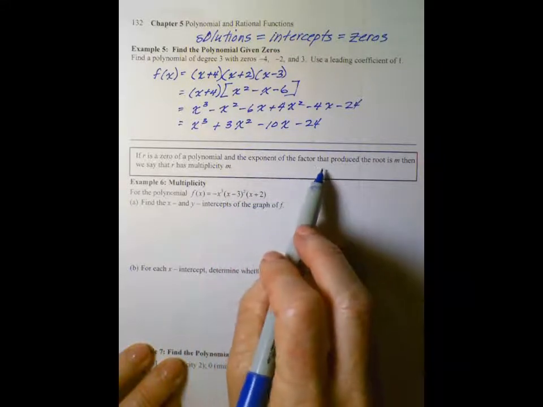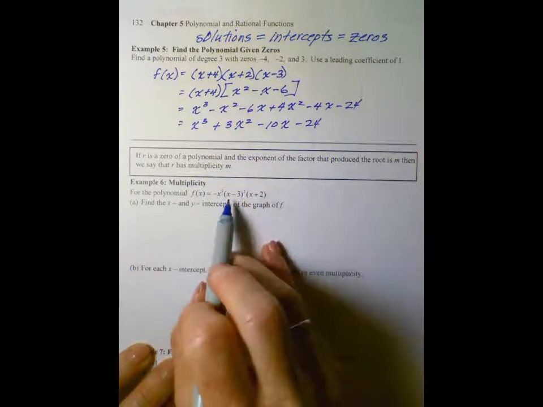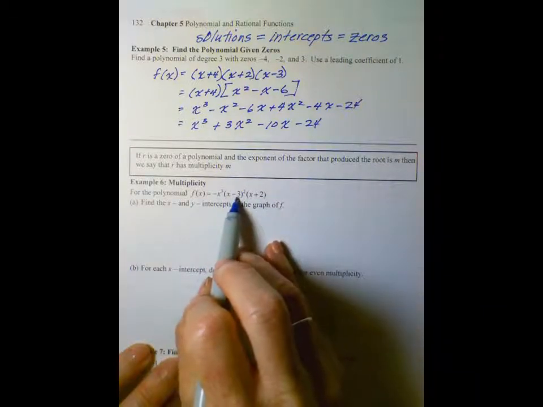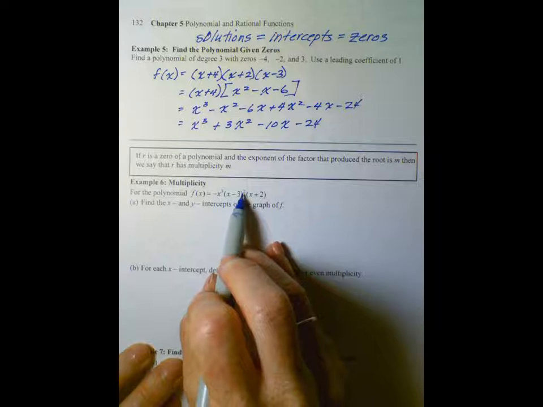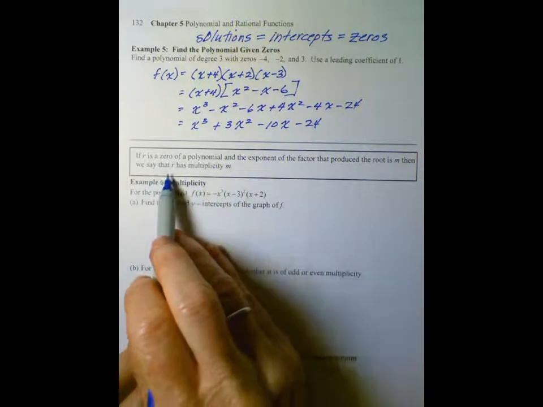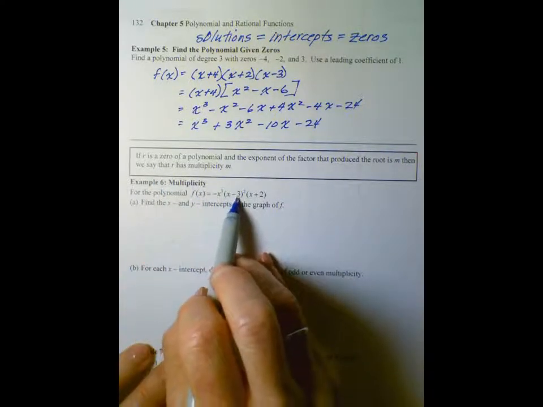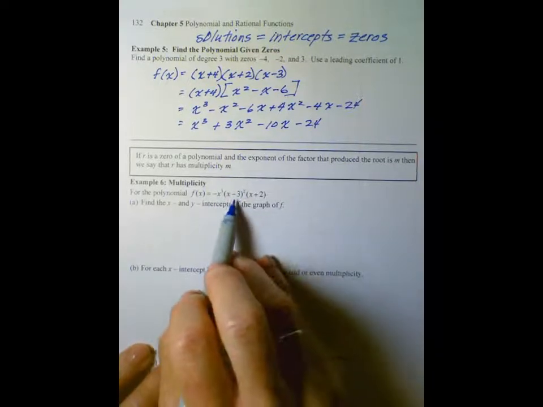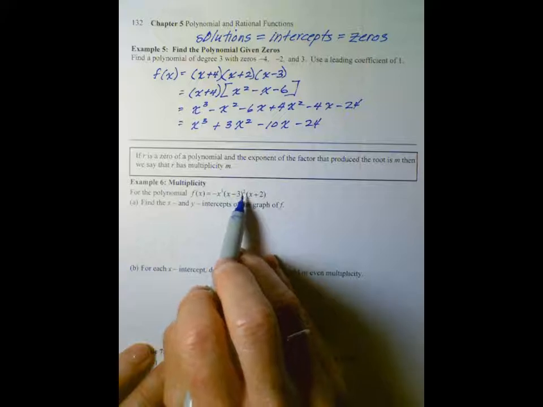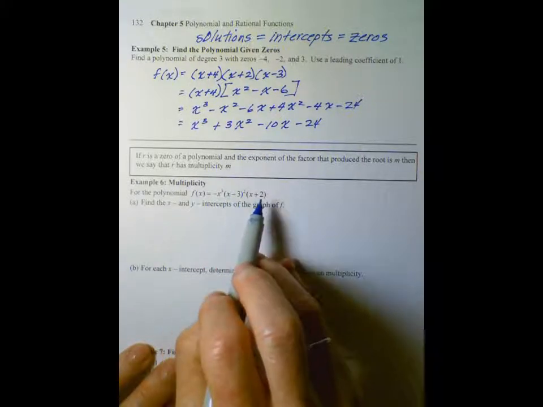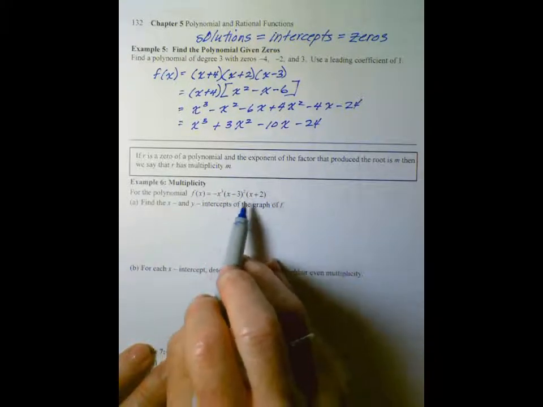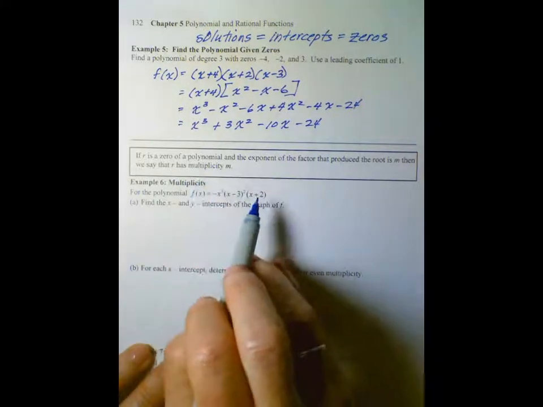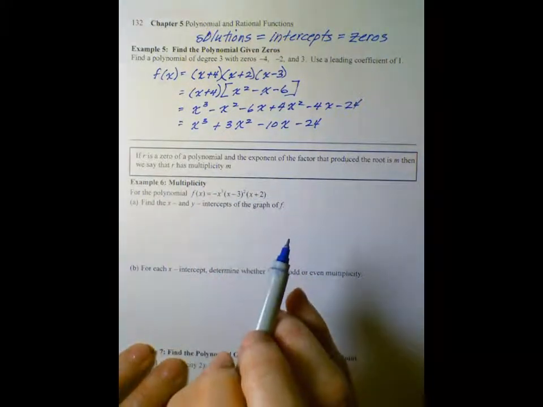And the exponent of the factor that produced the root of 3 is 2, then we say that r of 3 has a multiplicity of 2. It occurs twice. They're just writing it more simply with an exponent, but we could write x minus 3 and another x minus 3, and so it occurs twice. So that's all this is saying. How many times does that particular factor occur?